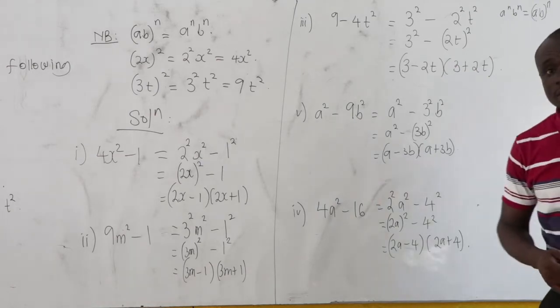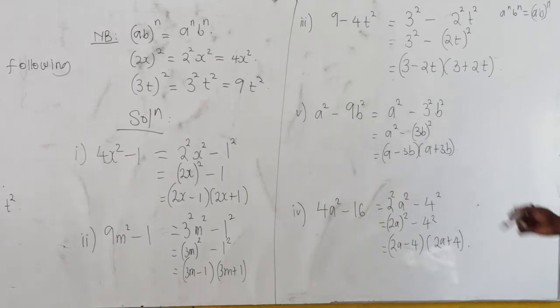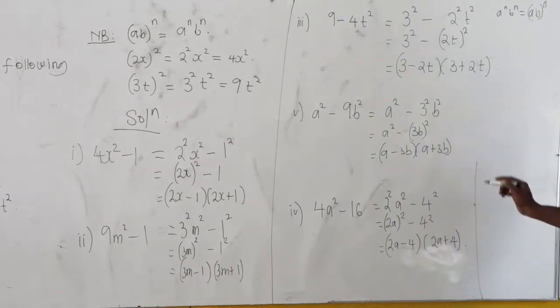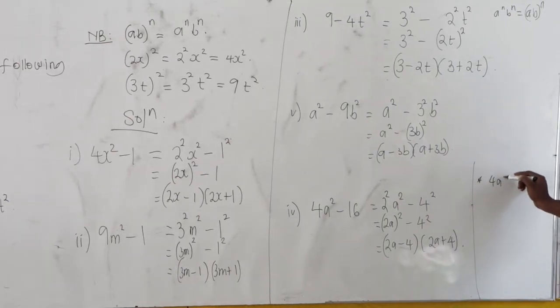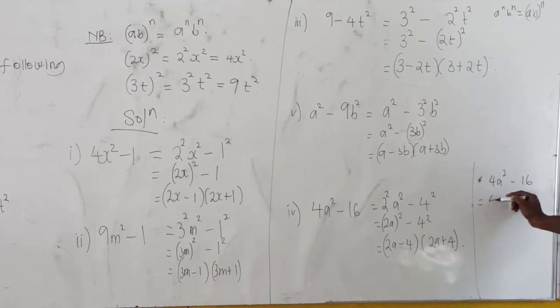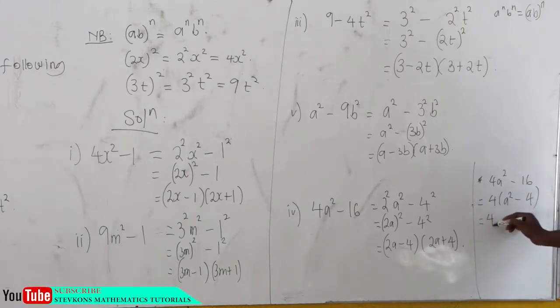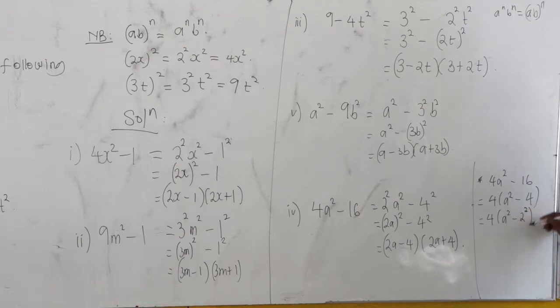Very, very easy. But here too, if we are factorizing completely, we have to take note of this. Let's see, 4a squared minus 16. Now we can factorize 4 out. We have 4, we have a squared, and then here we get 4 because 4 times 4 is 16. So we have 4 times a squared minus 2 squared.